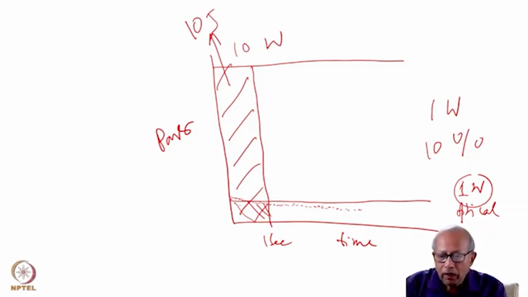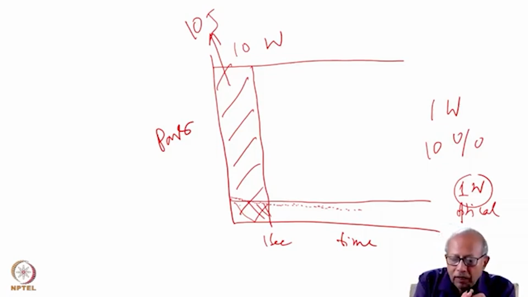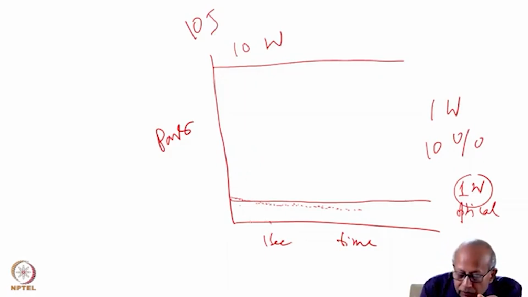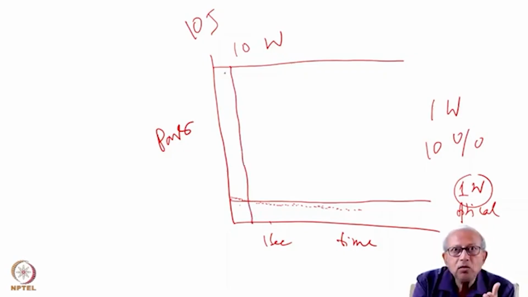You see, you do one thing. Instead of pumping the 10 joule of energy in 1 second, you pump 10 joule of energy in half second, half of the time. You pump this 10 joule of energy in half second.